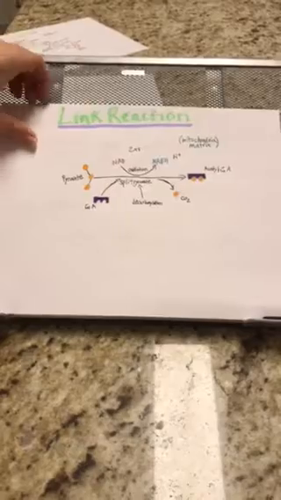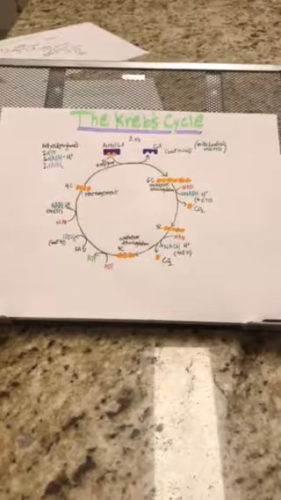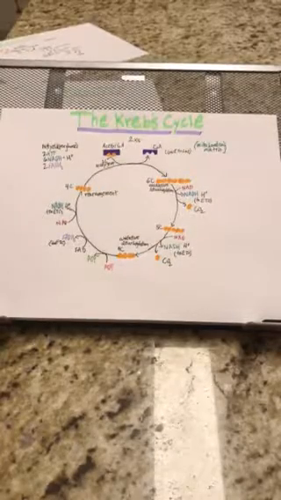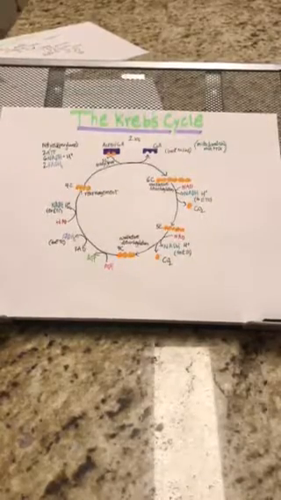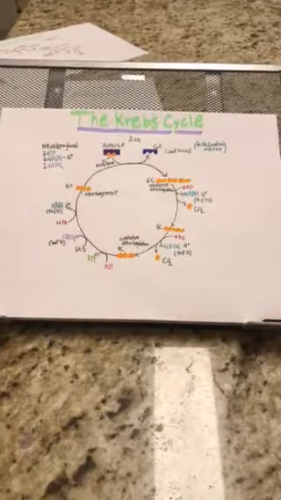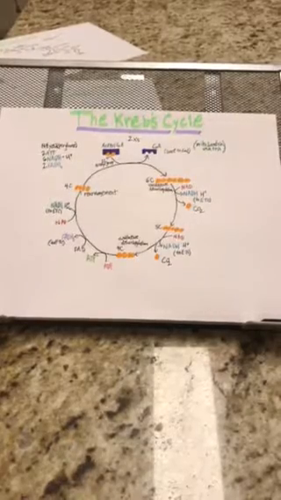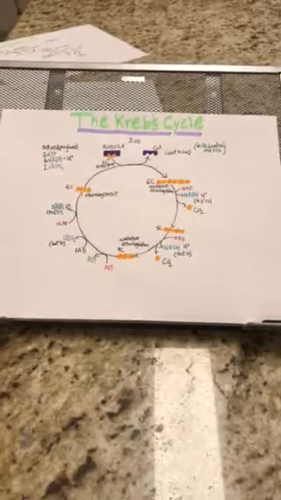The Krebs cycle follows the link reaction. The Krebs cycle also occurs in the matrix. The first step to occur in the Krebs cycle is the joining of the 2-carbon acetyl group to a 4-carbon molecule. This reaction is facilitated by the enzyme that helps make up acetyl-CoA.